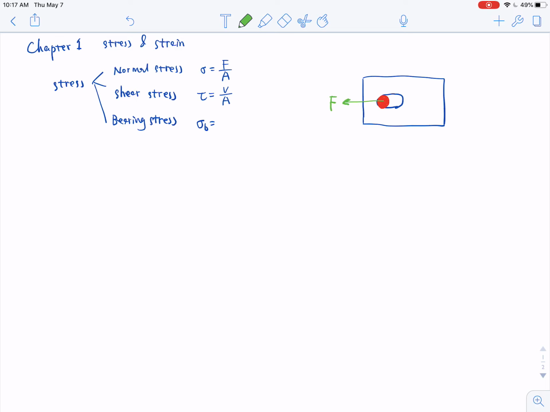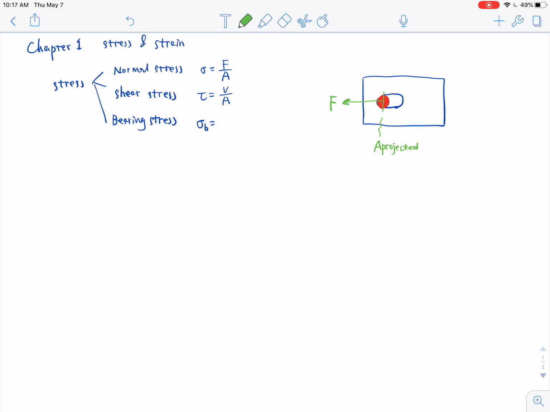Right? So theoretically, you need to use a force over the area, but the area of the interface is not easy to calculate. So to simplify that, we only need to think about this projected area. So you just use a projected area to calculate the effective bearing stress.